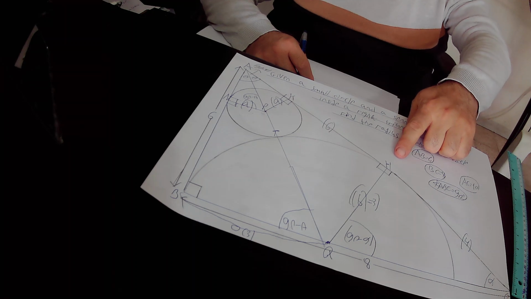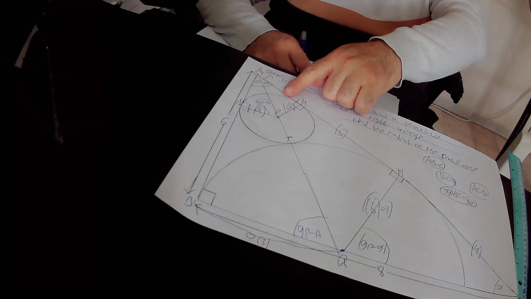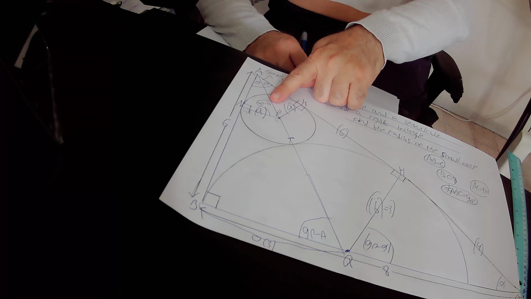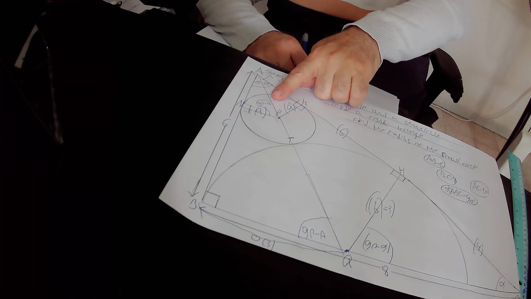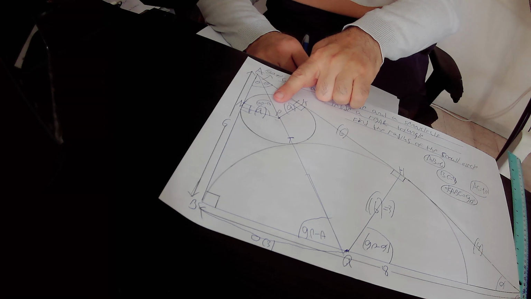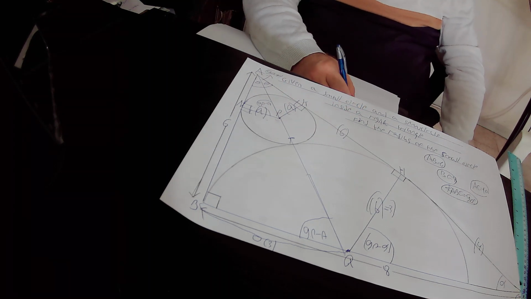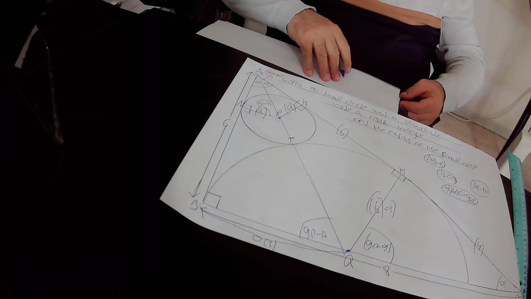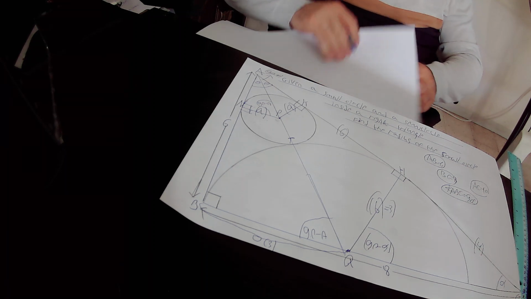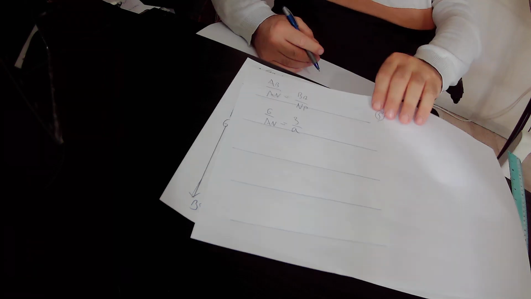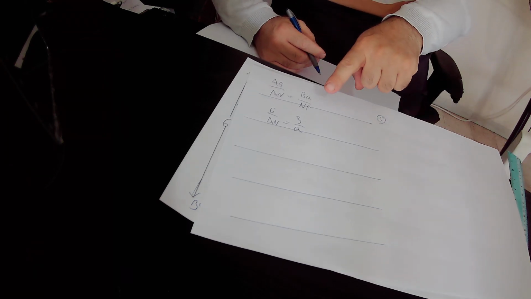NP equals A, the radius we are looking for, which is the radius of this small circle. So in conclusion, 6 over AN equals 3 over A.